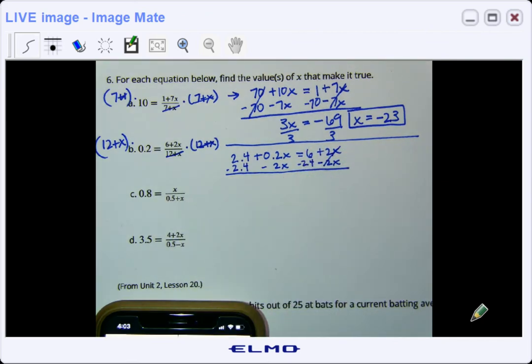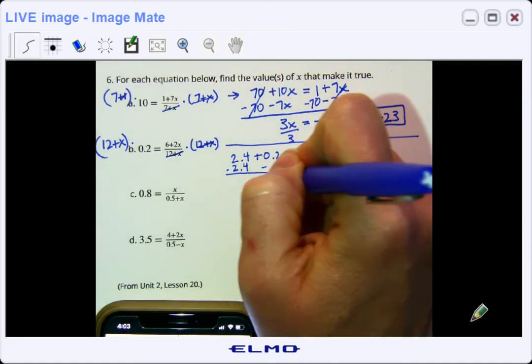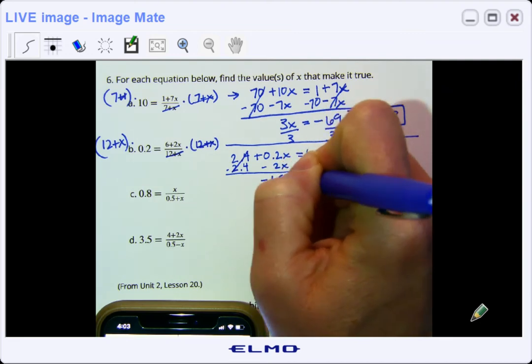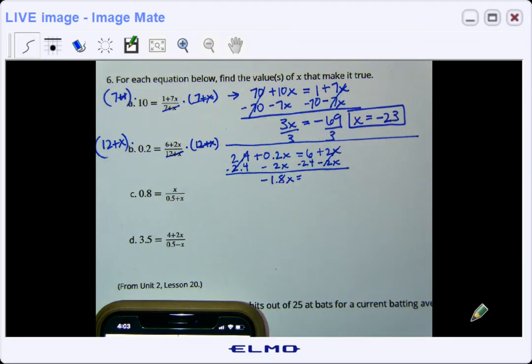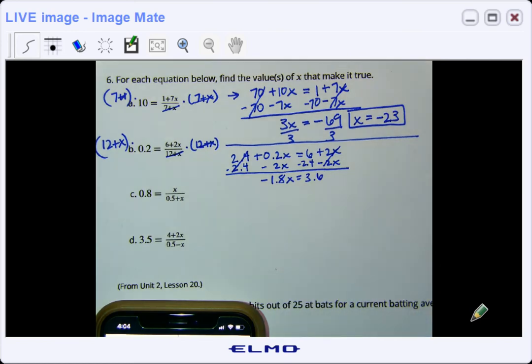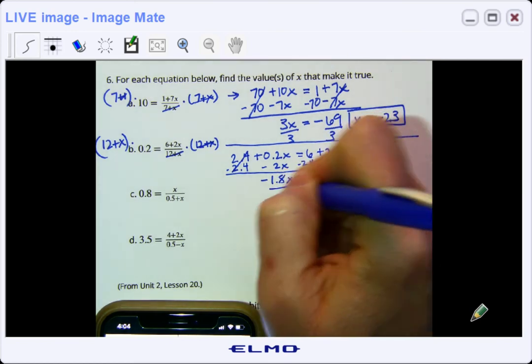So 0.2x minus 2 is going to be negative 1.8x equals 6 minus 2.4, which is 3.6. And so I'm going to divide that by the negative 1.8.